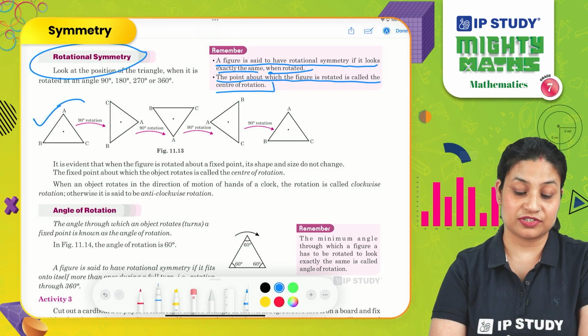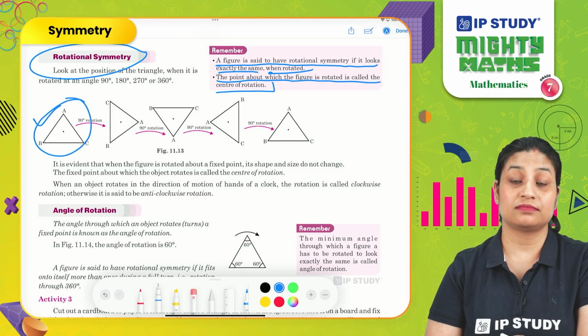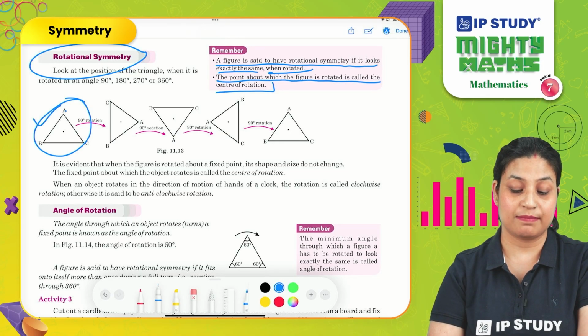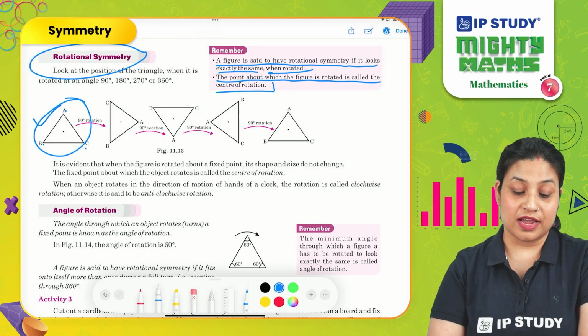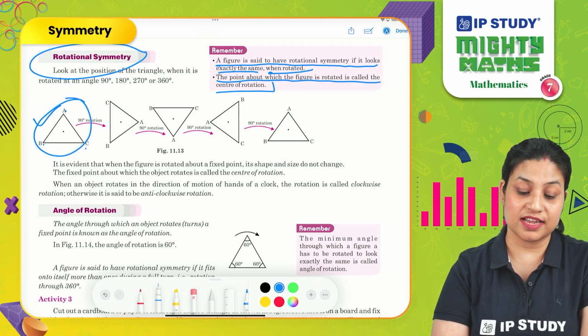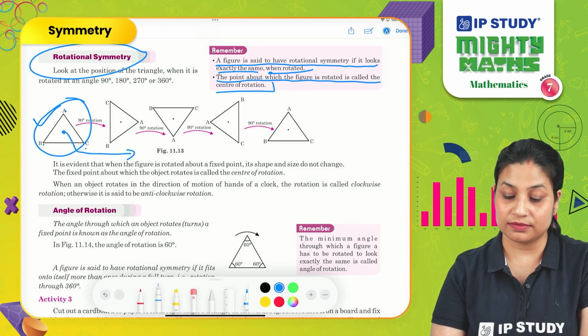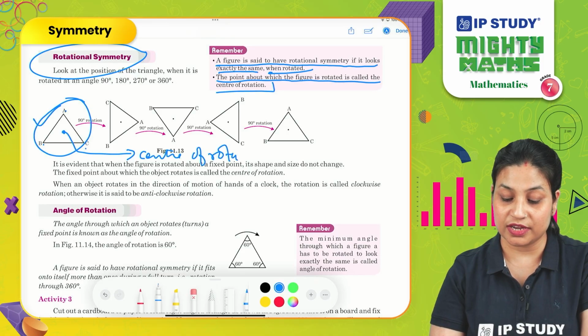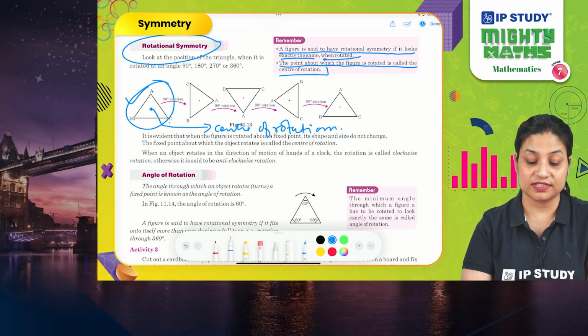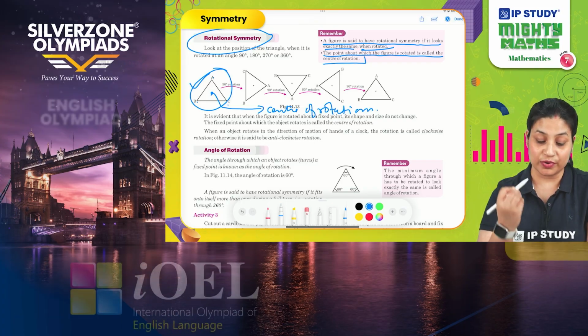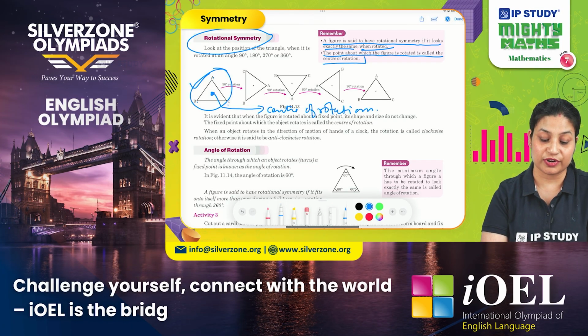You can see a triangle is drawn over here with points, let's say point A, B and C, right? And this triangle is going to be rotated about this point. So this point is called center of rotation, okay? This point is called center of rotation. Why? Because I'm going to rotate this triangle about this point only.